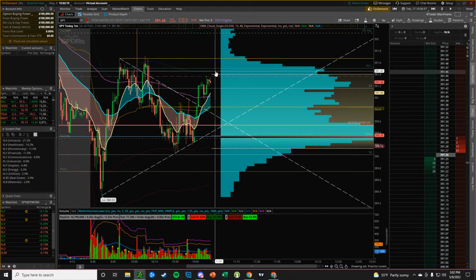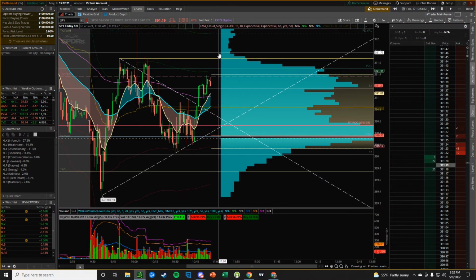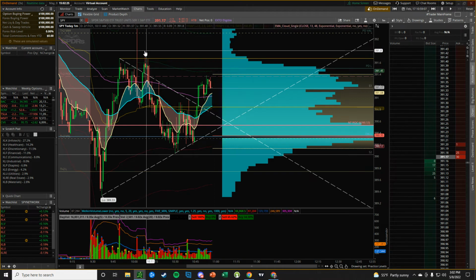So the risk profile we'd have to take on, you know, we'd have to have a stop somewhere up here to really let a potential short breathe.